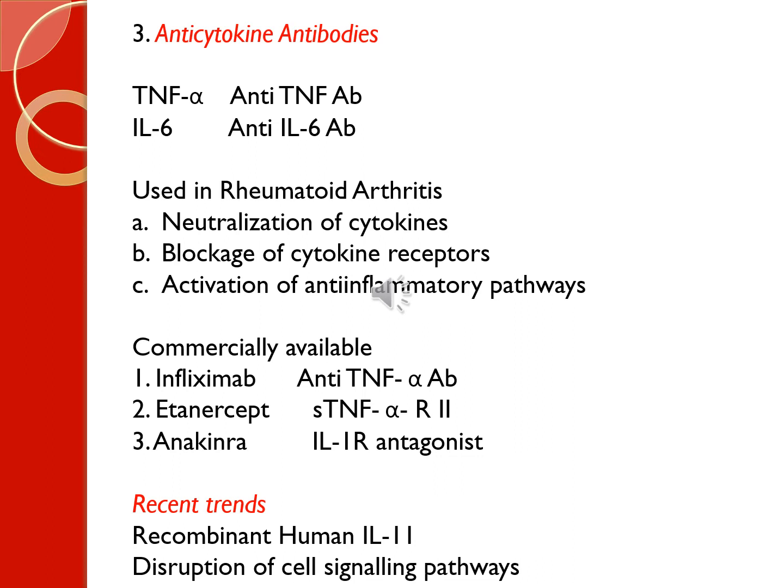Commercially available are infliximab, which is an anti-TNF alpha antibody; etanercept, which is soluble TNF alpha receptor 2; and anakinra, which is an interleukin 1 receptor antagonist. I have mentioned examples of all three mechanisms here.